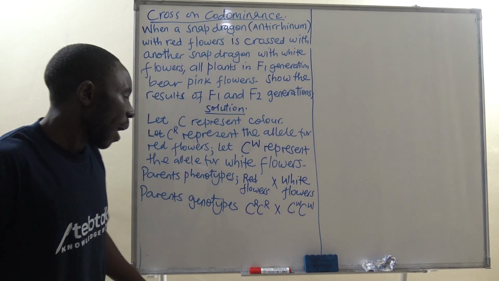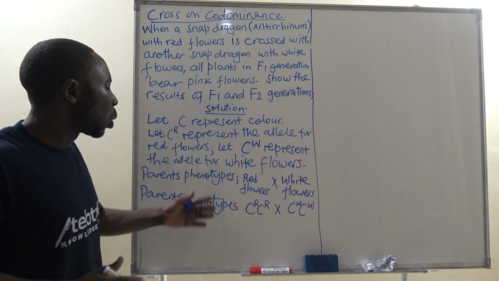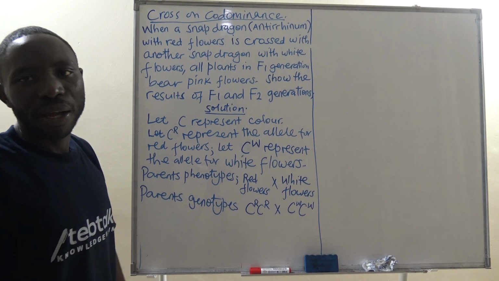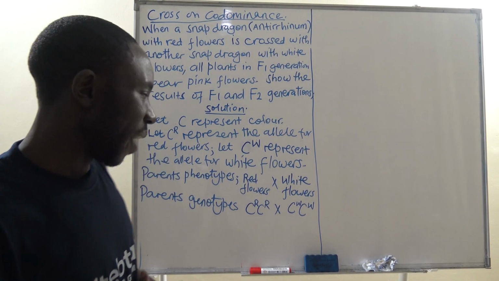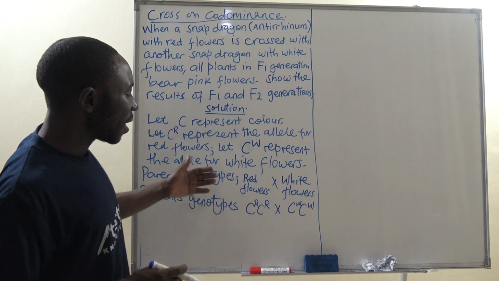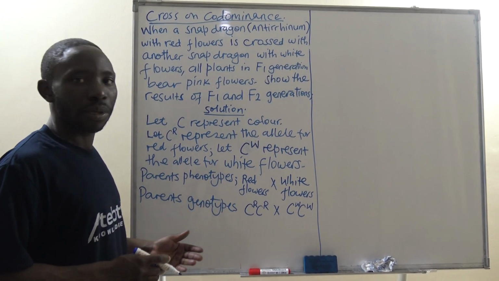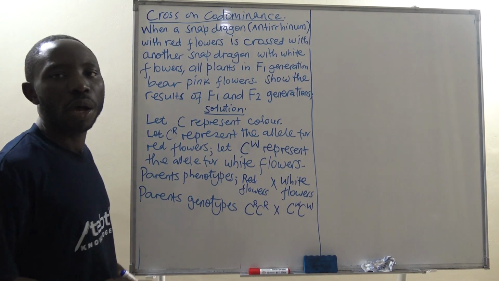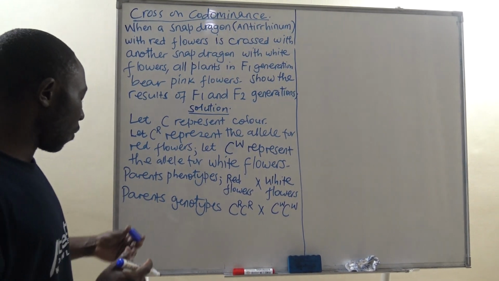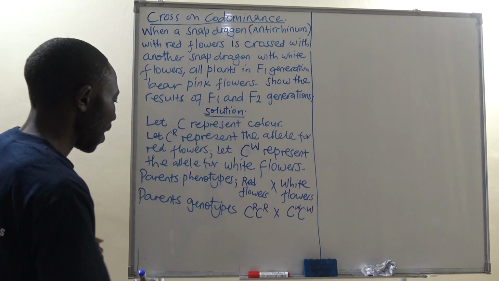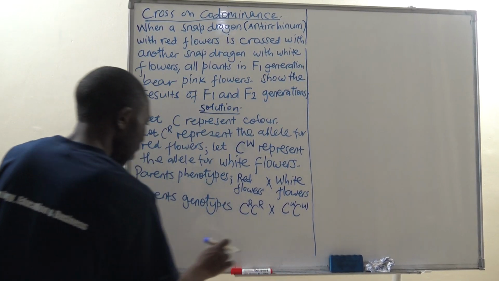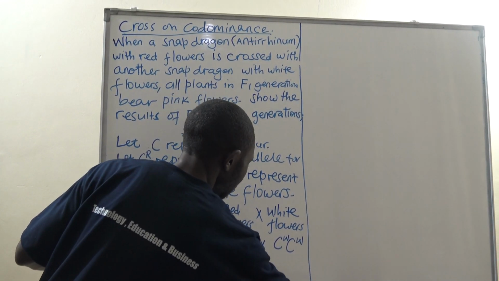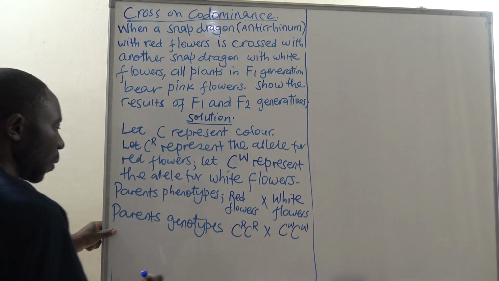So we choose one capital letter such as C to represent the color, and the letters representing the alleles that determine the characters are written as superscripts on the uppercase letter representing the color. From there, the genes will segregate as shown here.